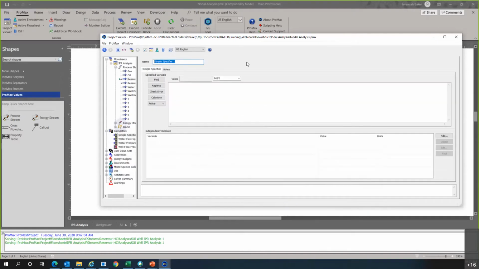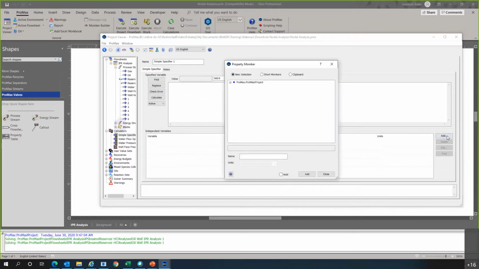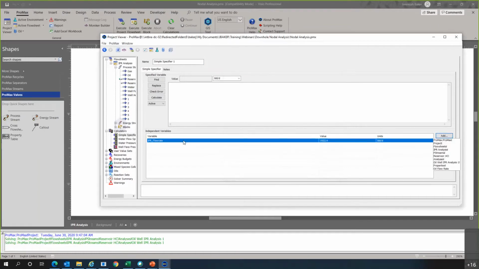If you have questions about solvers and specifiers in ProMax, definitely let us know. You can attend one of our training classes to see those, or we can do a one-on-one session and show you how those work. What I'm doing here is setting up a specifier such that anytime the predicted IPR flow rate changes, our actual stream flow rate will change as well. So it'll be a live update.